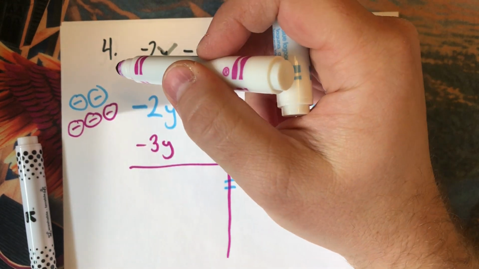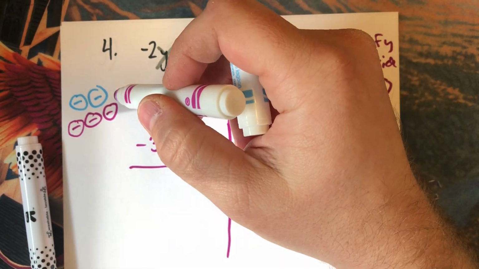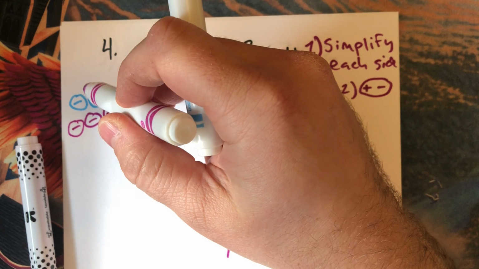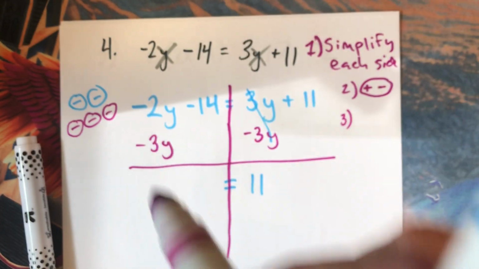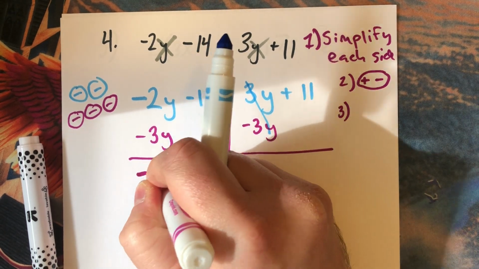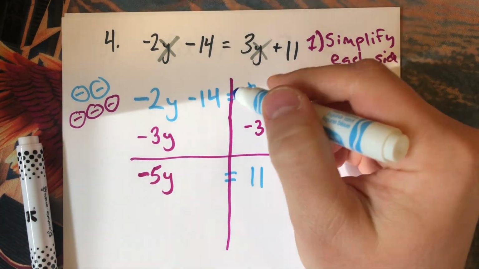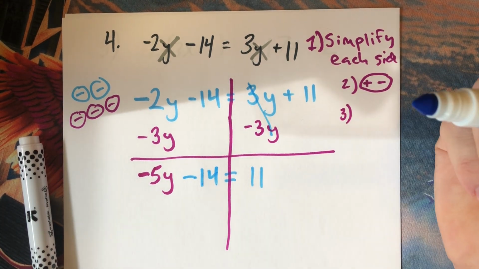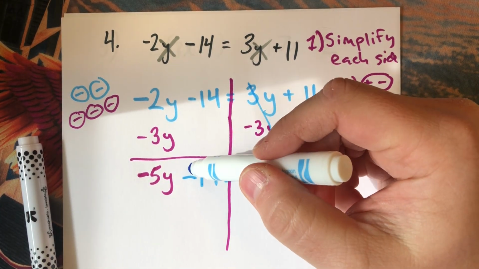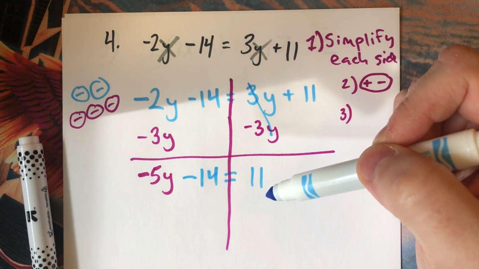But positives and positives, or negatives and negatives, actually build and they grow together. So how many negatives do we have total now? Well, we have 5. So this is actually negative 5y. That's really the only thing that's changed. And this minus 14 just comes down as it was. So I have negative 5y minus 14 equals 11.